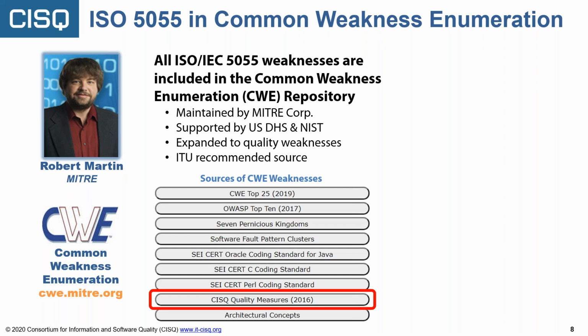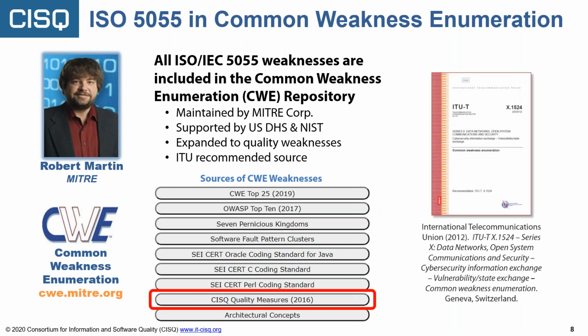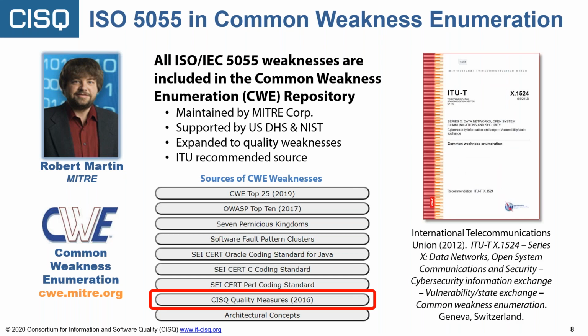Originally, the repository only housed weaknesses known to be exploited by hackers, so they were primarily security issues. However, several years ago, they made the decision to include severe weaknesses that affected almost any of the major quality characteristics, such as reliability or performance efficiency or maintainability. So the good news here is that this is an international standard. The Common Weakness Enumeration Repository is an ITU standard, International Telecommunications Union, which is recognized by the United Nations.